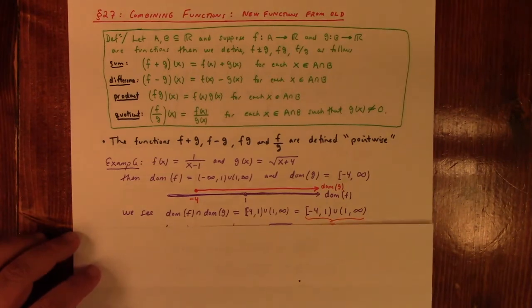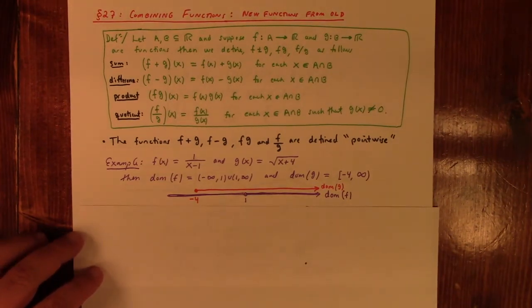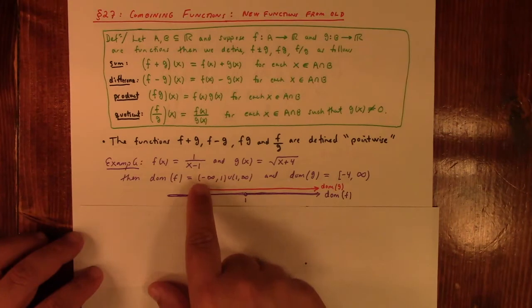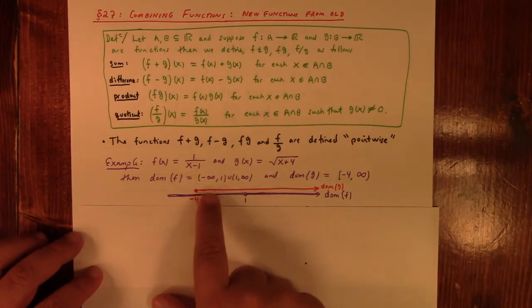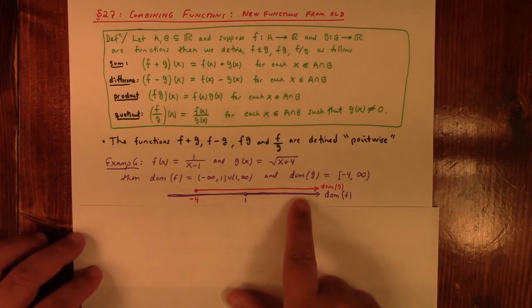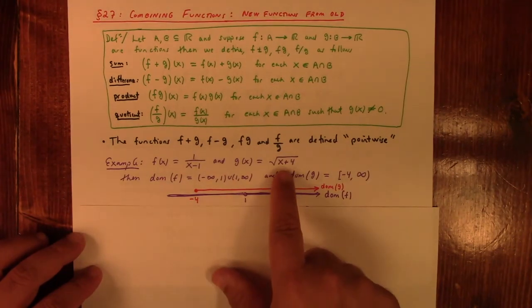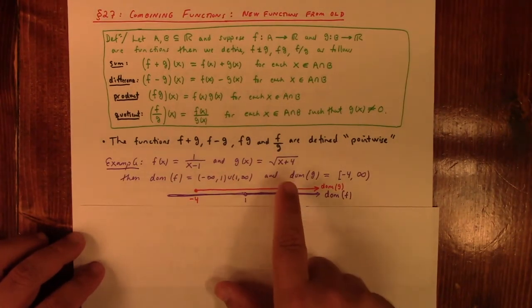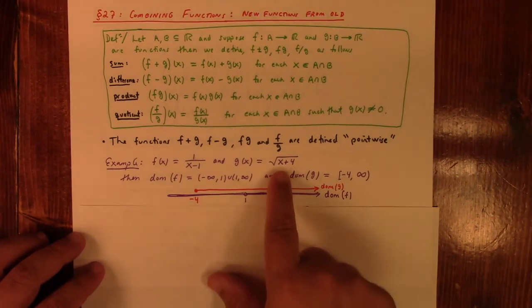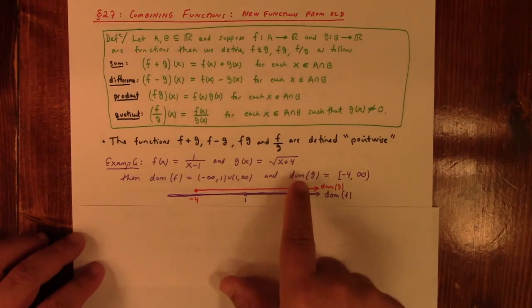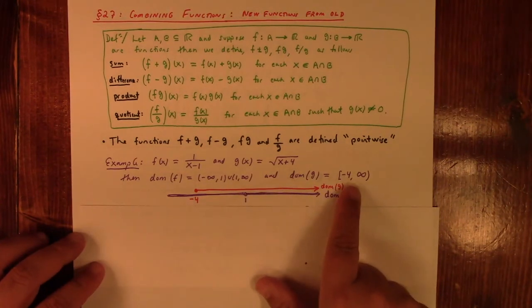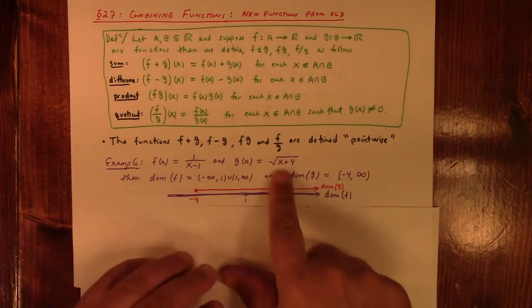So the domain of f is x, just real numbers not equal to 1, so I've drawn that in purple. The domain of g, well, we need that square root to take a non-negative input, and so from that we need minus 4 or bigger. See, when you plug in minus 4, you get 0, and beyond that, it works, right?